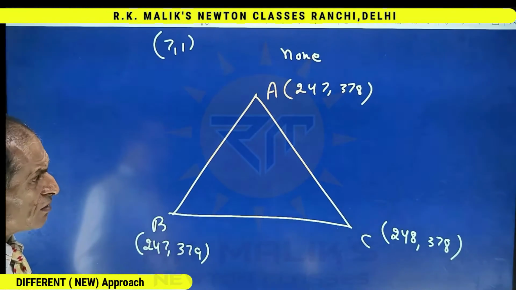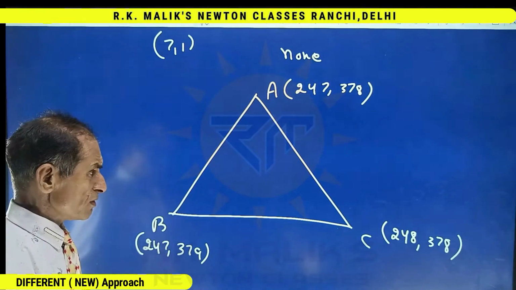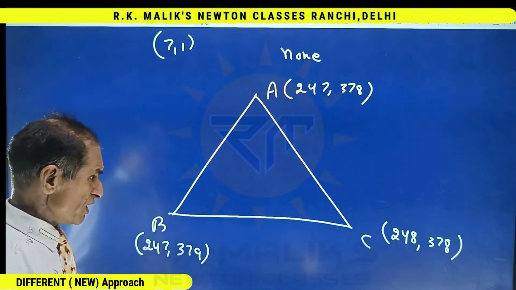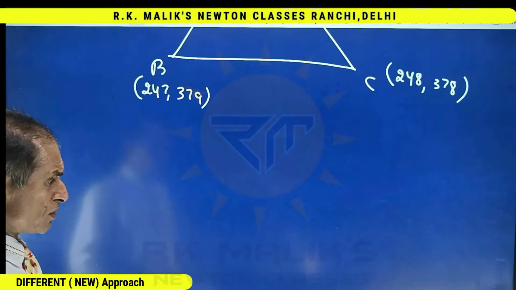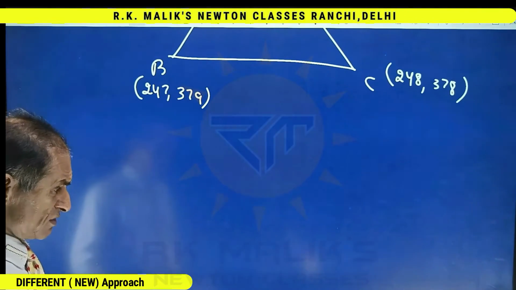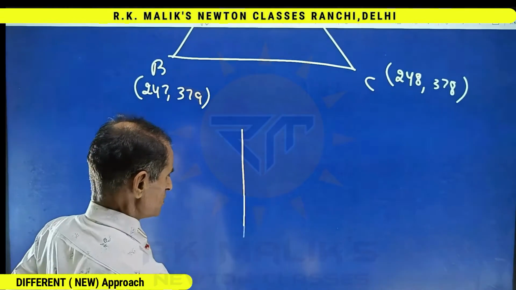It is clear that finding the area of this triangle in the normal way is very lengthy. What trick am I going to use? I am going to use the trick of translation of axes.